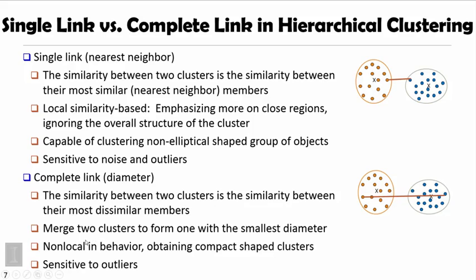So you try to merge the two clusters to form one with the smallest diameter, because when you merge them together, you want the result to be compact. You examine non-local behavior and obtain compact shaped clusters, but this method is also sensitive to outliers. Because you probably do not even want to think about Alaska; you may think about Hawaii or Guam, which are pretty far apart.